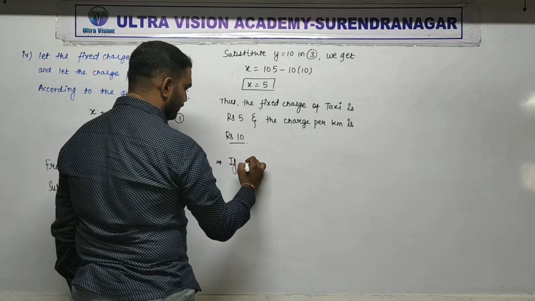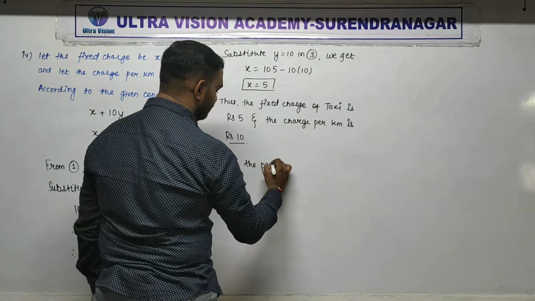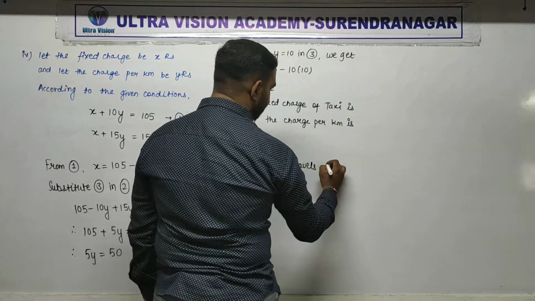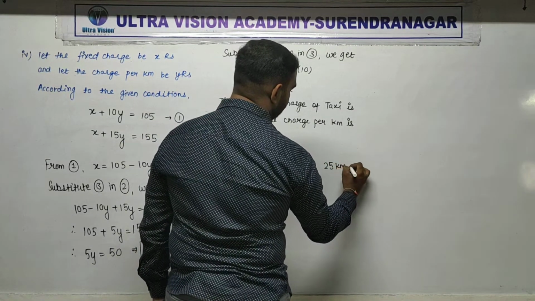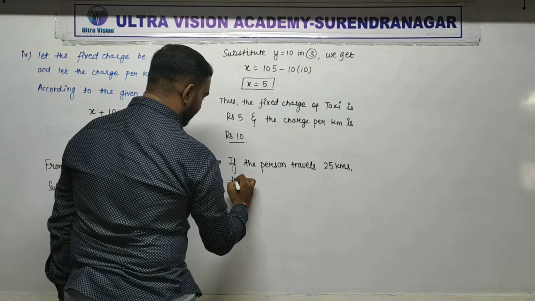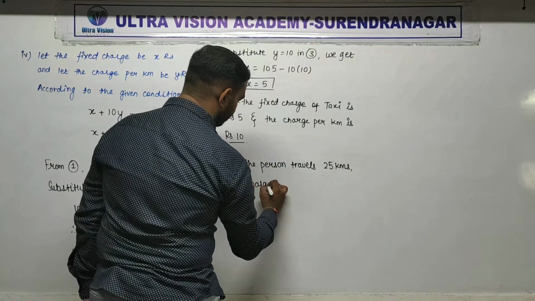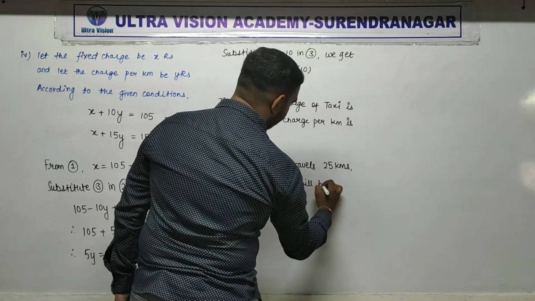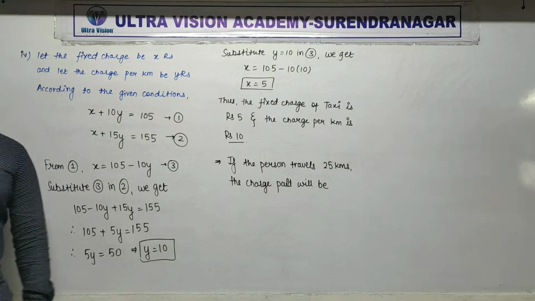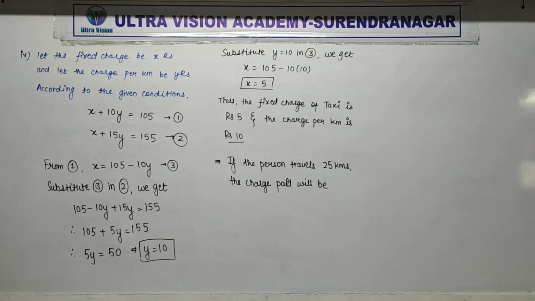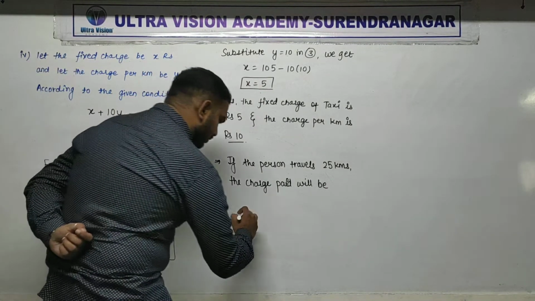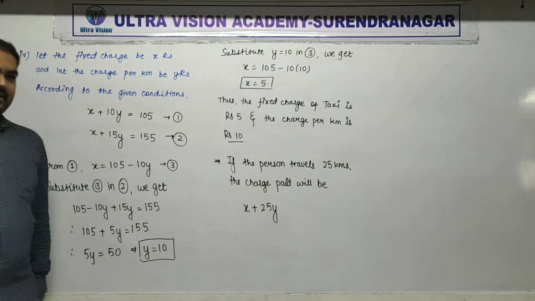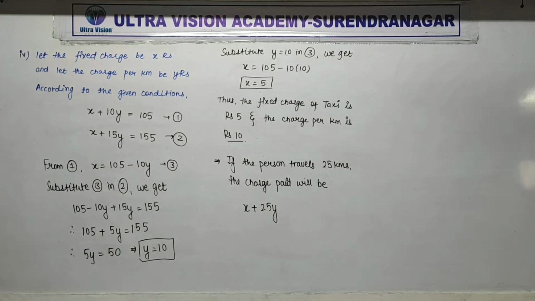If the person travels 25 kilometers, the charge paid will be x plus 25y.